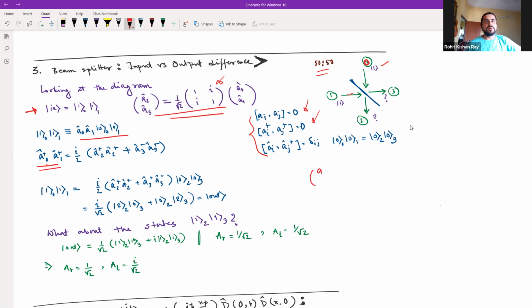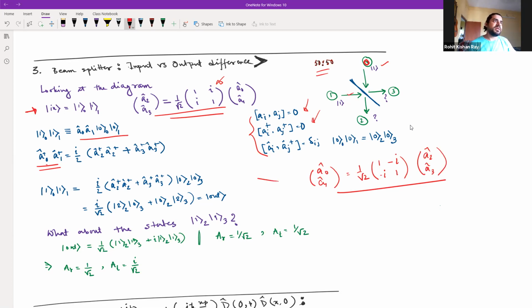So our new operation will look something like this. Once we have it in this form, we can easily write A0 and A1 in terms of A2 and A3, which I'm not going to write down. And on having those expressions, if you feed them back here, you get a relation like this.